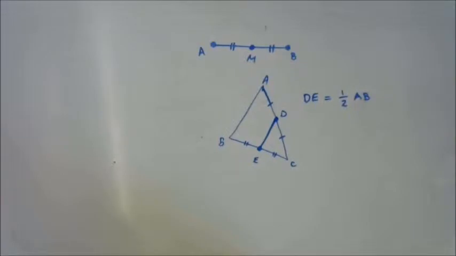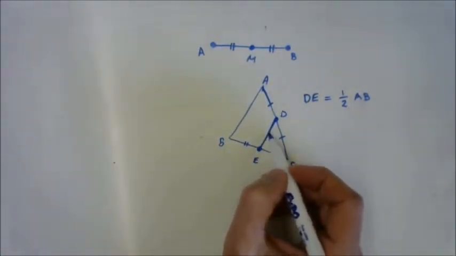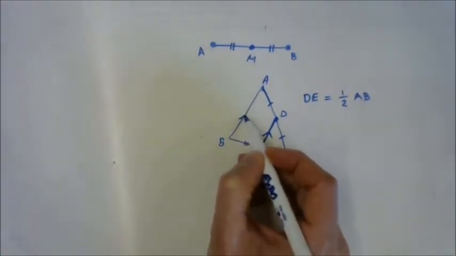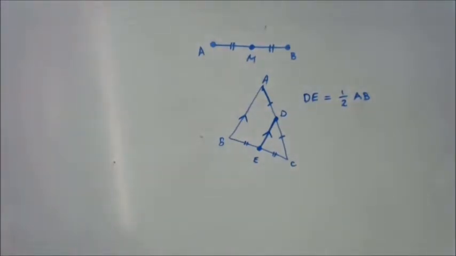Now the second thing that we have in there is that the line segment joining two midpoints has what? The same slope as the base. So to show that, all I'm doing is putting my little parallel markers on those two line segments. Now you could have drawn your triangle any which way, any which direction.